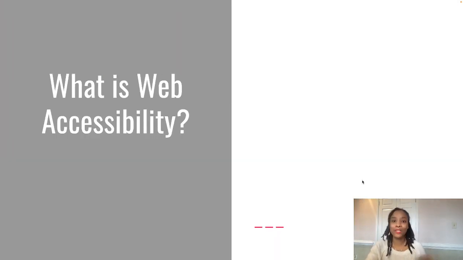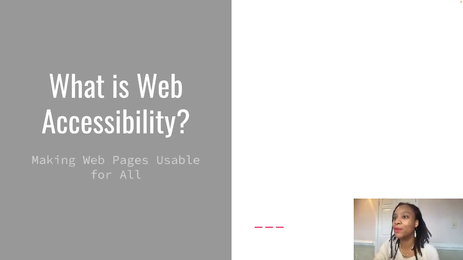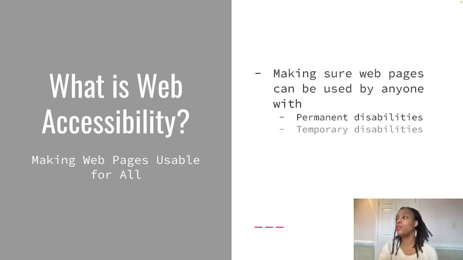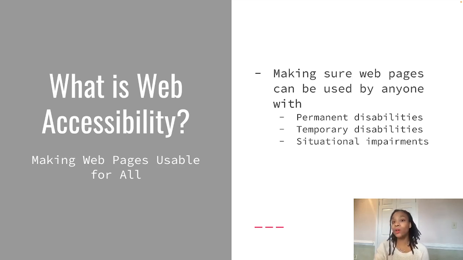All right, so the first question we're going to ask ourselves is, what is web accessibility? That is what we're here for. All it is, we're making our pages usable for everyone, and that kind of looks like making sure that people with permanent disabilities can use our pages, people with temporary disabilities, so things like injuries or illnesses, those people can use our web pages, and people with situational impairments, and we'll cover what situational impairments look like.